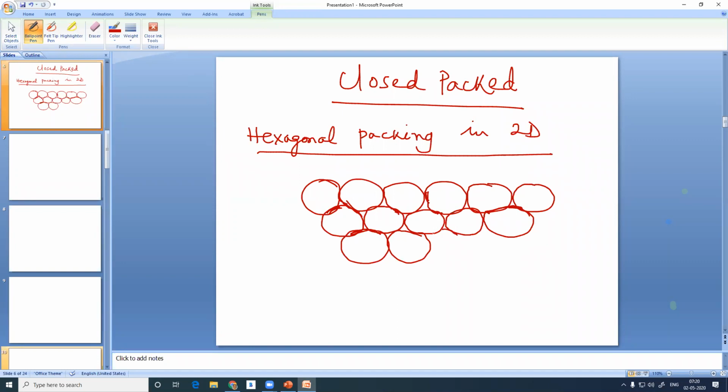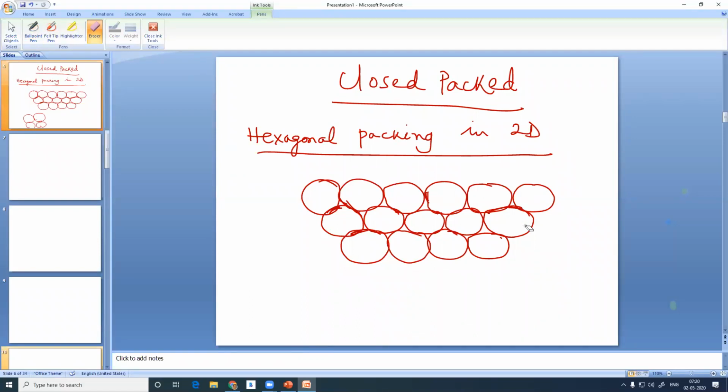Using all the depressions, you find how much space is left out, very limited. If you draw like this, using their convex tip, there is so much empty space. But here, the space left out is small.